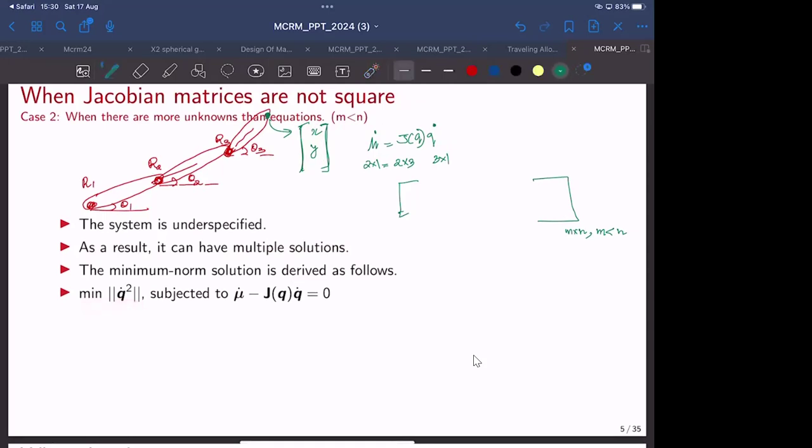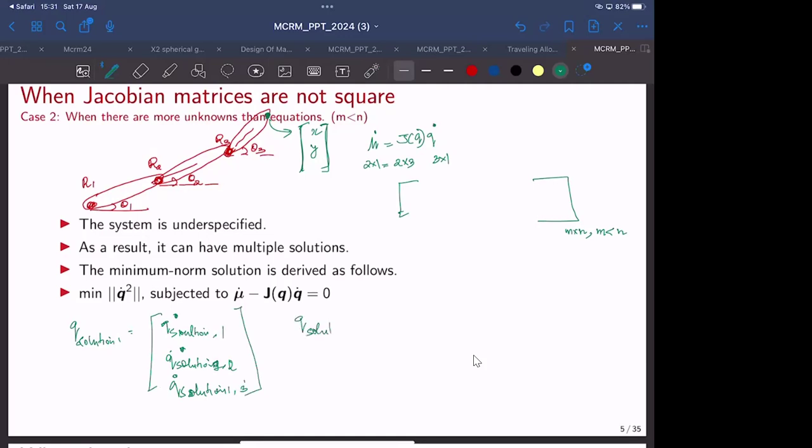I'll give you one example of what minimum norm is. For example, Q solution 1 would be a vector with the elements Q solution 1 first joint variable, Q solution 1 second joint variable, Q solution 1 third joint variable, and so on.